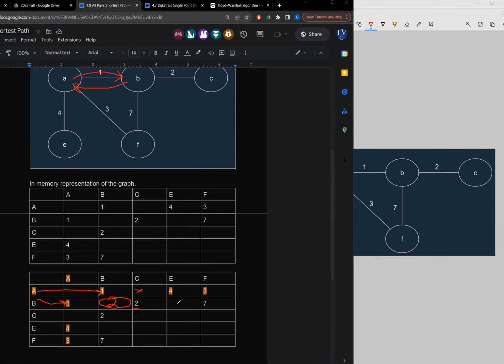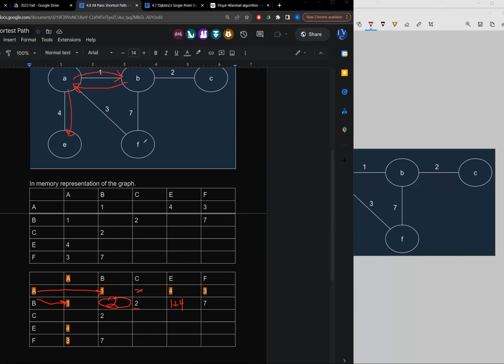Right now, B can't get to E, but alternatively, B can go to A for 1, A can go to E for 4, and that's going to be an improvement over no connectivity. Here we have a 7 path.